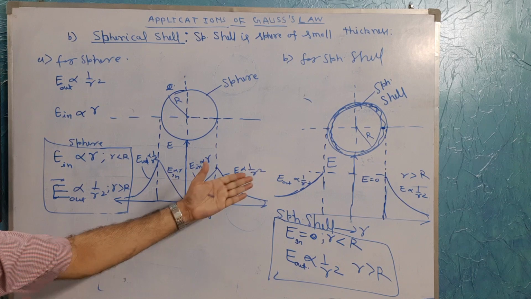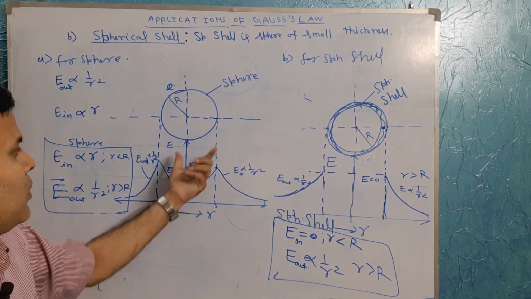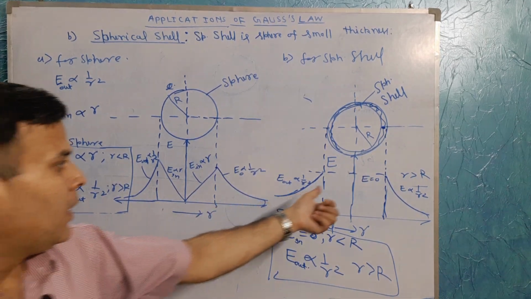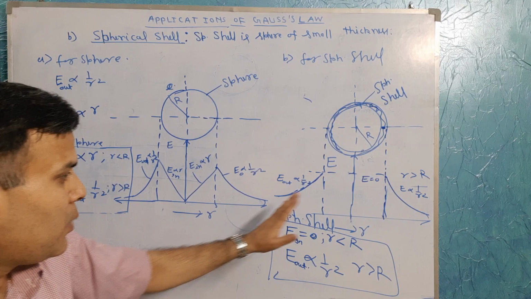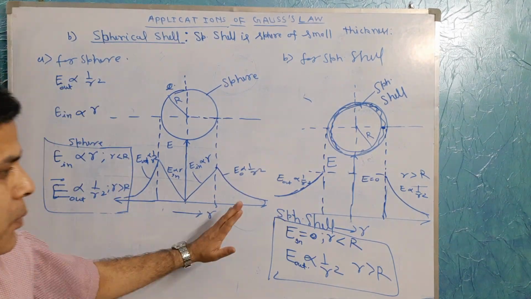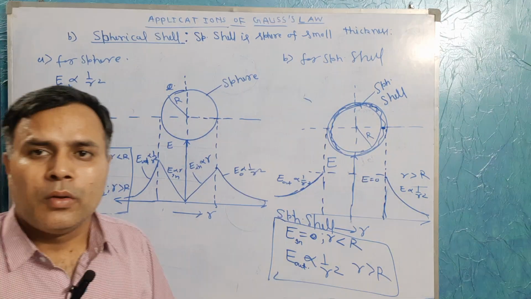So this is the complete representation of the variation of electric field for the uniformly charged solid sphere and spherical cell. We can represent the variation on both sides; the left hand side is just the mirror image of the right hand side. Okay, thank you.